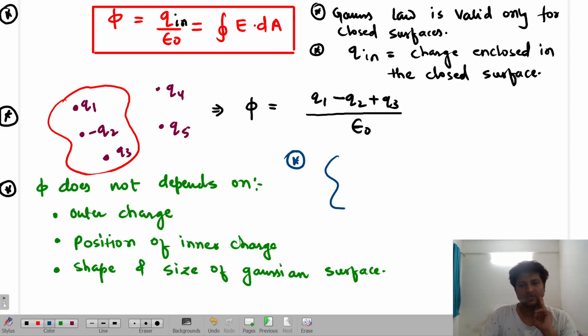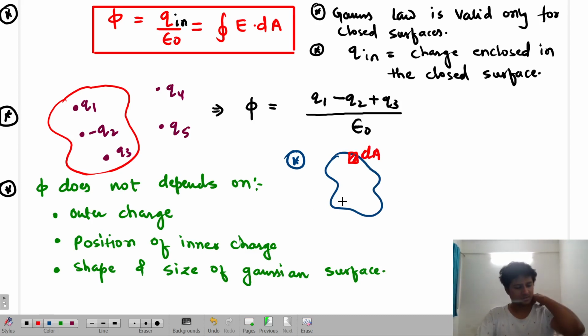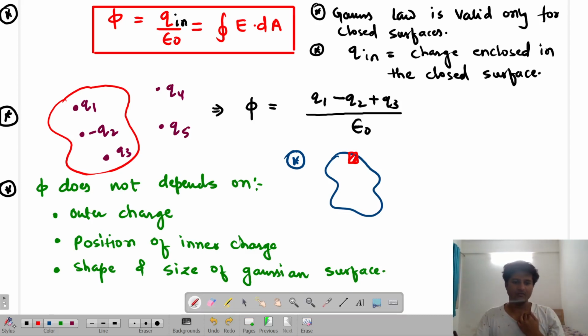So let's suppose there is any Gaussian surface like this, okay, then I need to first define a small area over here because this is non-symmetrical. Got it? So this small area, since it is a vector quantity, will have a direction along the normal, correct? And over there will be some electric field, isn't it?